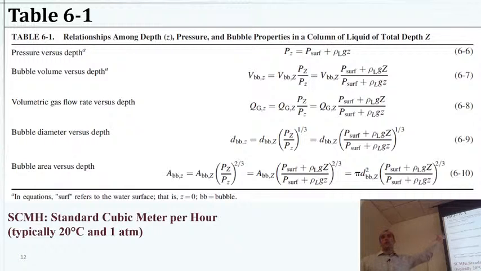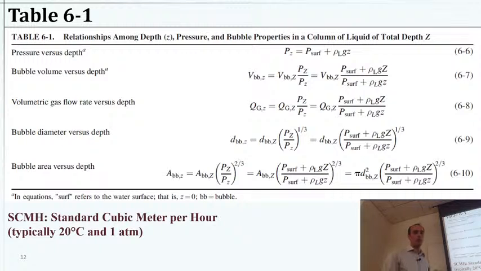We could have bubble volume versus depth accordingly. We could look at volumetric gas flow rate versus depth. Again, if you're scuba diving, that kind of thing might become quite important, right? How much air are you actually going to be able to breathe? How quickly are you going to go through the air that you have? How much pressure do you need in your tank? And at what pressure can you no longer draw breath because there's still some gas in there, but it's not enough, right?